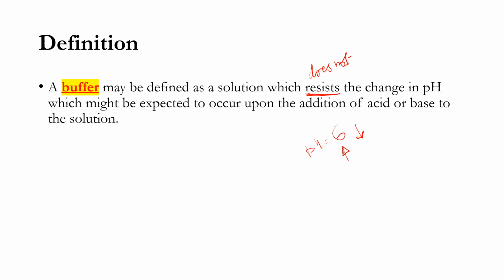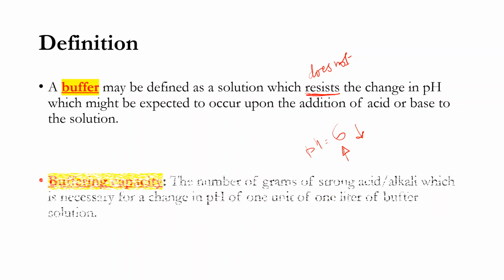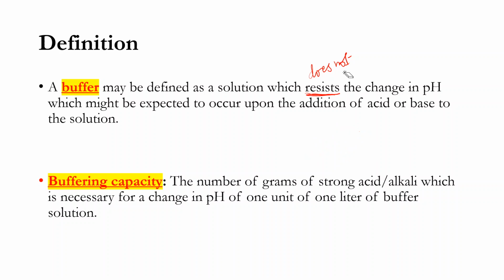But there is a limit to everything, and we know the limit of a buffer to resist change by measuring the buffering capacity. The buffering capacity of a buffer is the number of grams of a strong acid or alkali, that is the base, which is necessary for a change in pH of 1 unit in 1 liter of buffer solution.